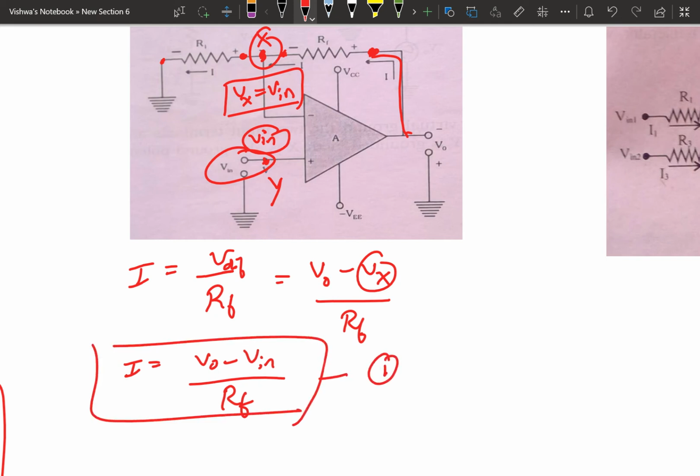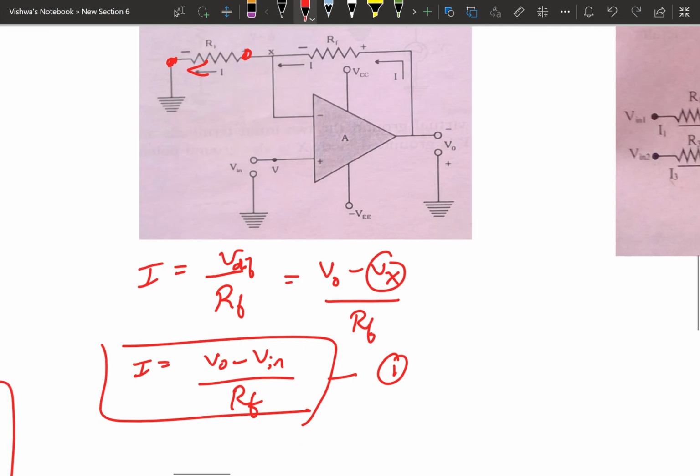Now find the current through resistor R1. The same current is flowing through resistor R1. So again I is equal to V by R1, where V means the potential difference across the resistor R1. This point is at the potential of Vx and the other is at ground potential, which is 0.